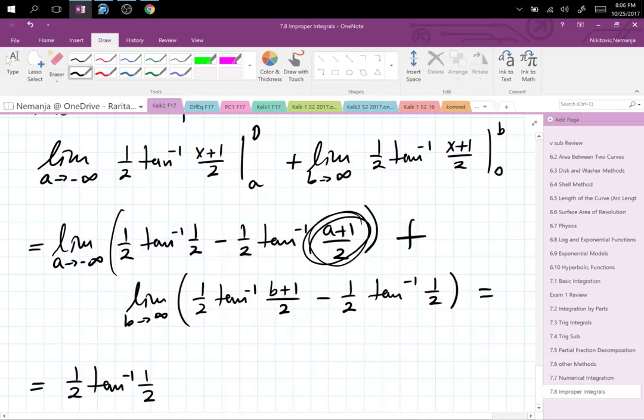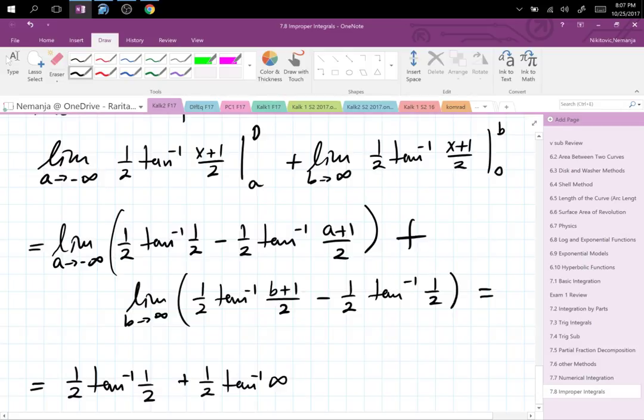So the whole thing becomes negative infinity, because when you add 1 and divide by 2, you don't change it. It's still negative infinity. The negative sign in a tangent, because it's an odd function, jumps outside and makes this plus 1/2 tangent inverse of infinity.